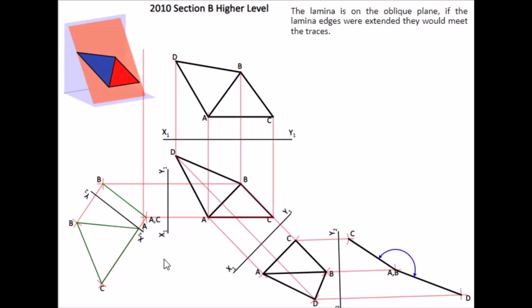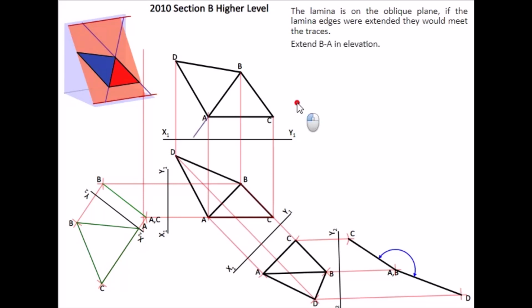Now in this question they also asked us to show the traces. To find the traces of these triangles, basically in the 3D graphic here, we take the line of intersection, use that as an edge and run that edge into the ground to find this point here. We also take another line on the edge BC and extend it until it hits the ground.